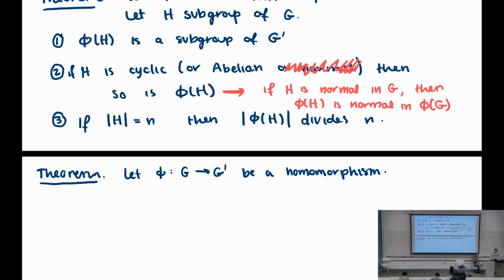Okay, then the kernel of phi is a normal subgroup of the group G.